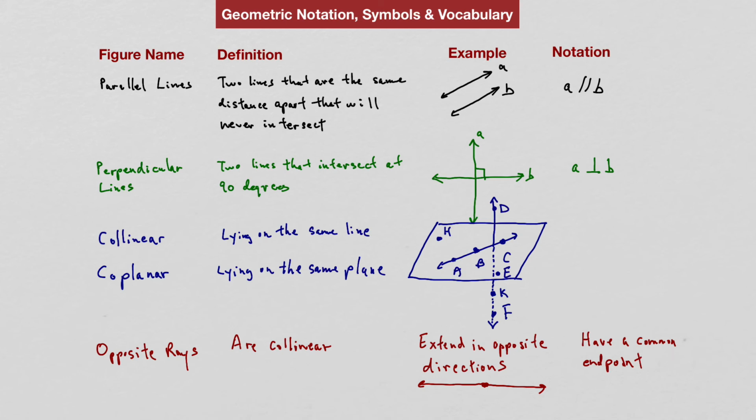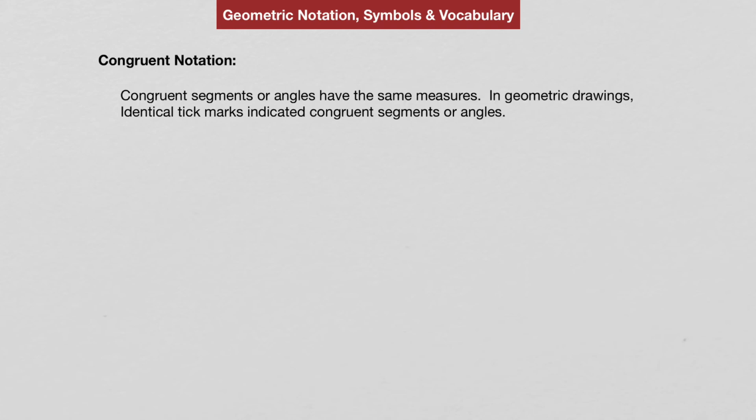Okay, so then the last definition I wanted to cover here is called congruent notation. In congruent notation, we have congruent segments or angles that have the same measures. In geometric drawings, identical tick marks indicate congruent segments or angles.